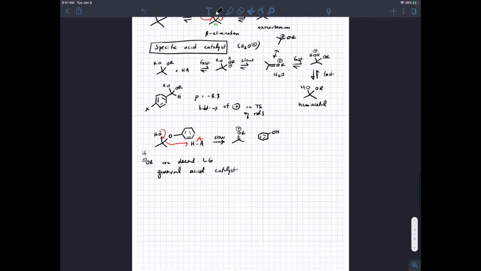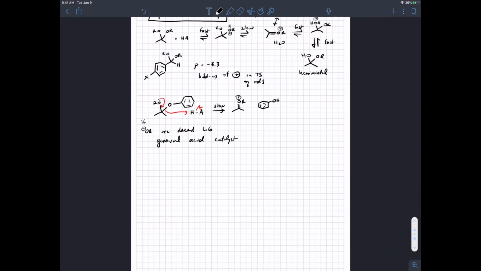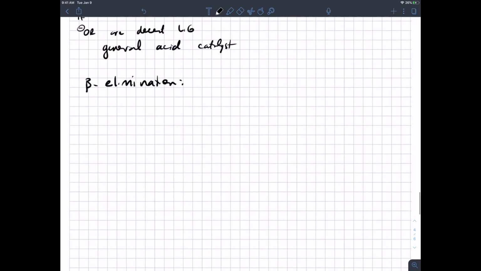Okay. Beta elimination steps are seen all over the place, including in the Jones oxidation.